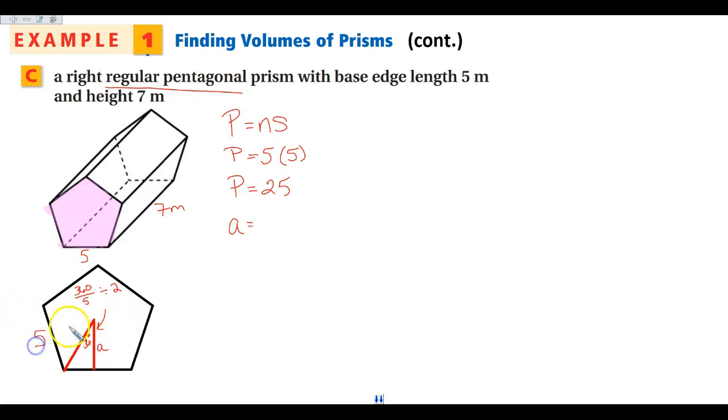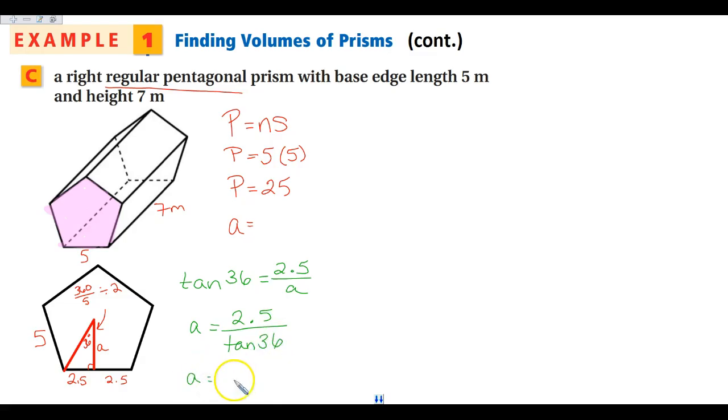I know my side lengths are 5, which means that this is divided equally into sections that are 2.5. So this is my opposite side, and this is my adjacent side, so I'm going to be using tangent. The tangent of 36 is equal to my opposite, which is 2.5, over my adjacent, which is my apothem. With the variable in the denominator, we're going to be dividing by our trig function, so it's 2.5 divided by the tangent of 36.